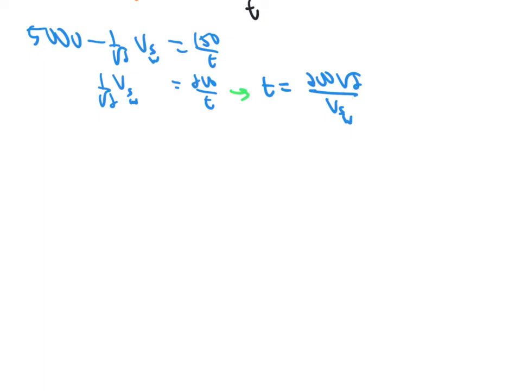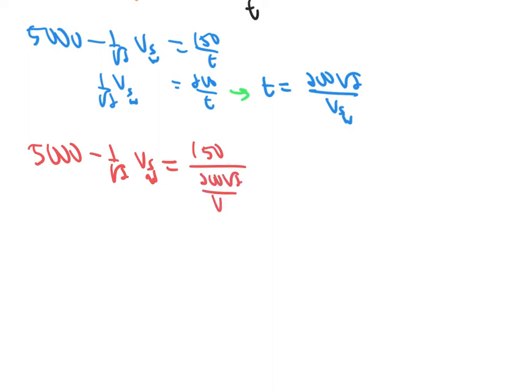Going back up to the other equation, we would have 5,000 minus 1 over root 2 times the thing I'm looking for is 150 over 200 root 2 over the thing I'm looking for, which gives us 150 over 200 root 2 times the desired unknown.